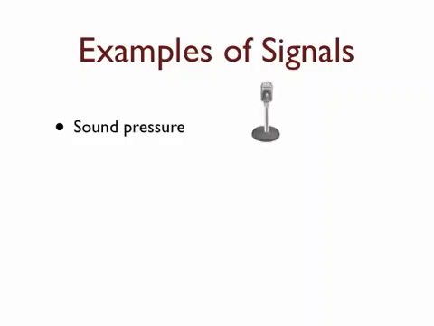Now, there are many examples of signals, too many to list, but just to give you an idea, the sound pressure that you're receiving at your eardrums right now due to my voice is certainly a signal. The sound pressure is a function of time.